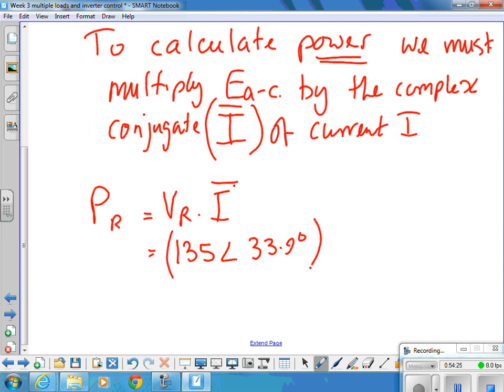And we've got to multiply that by the complex conjugate of I. That was 3 amps, angle, we've got to change it.